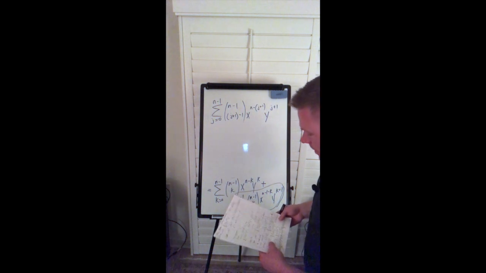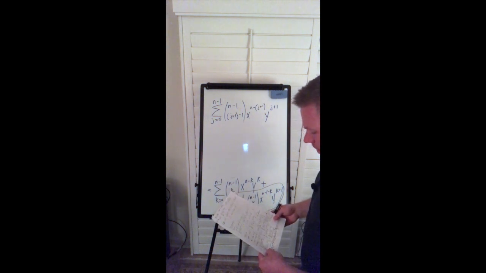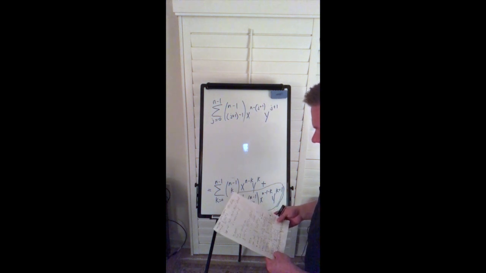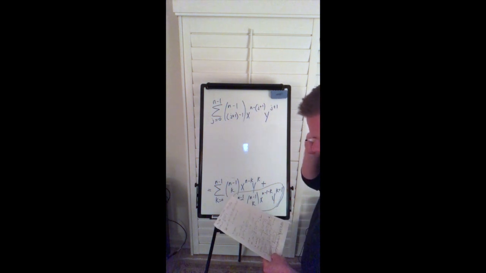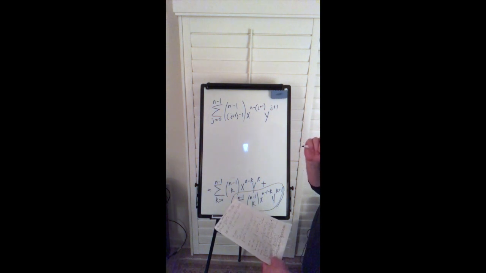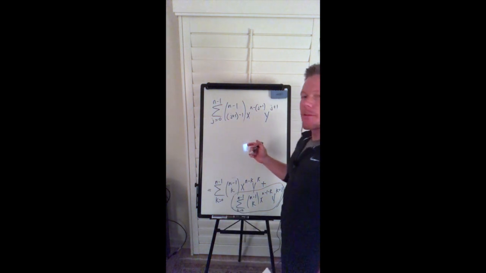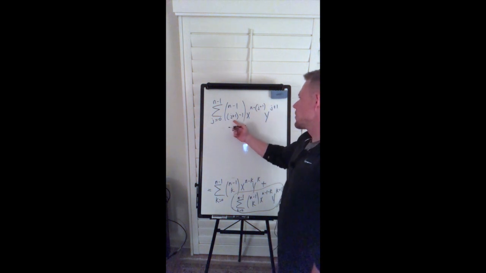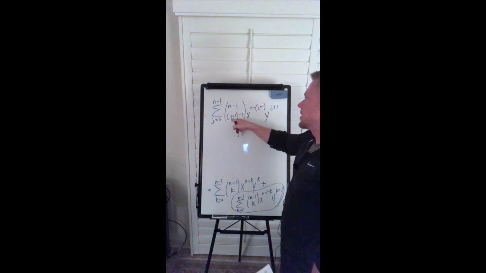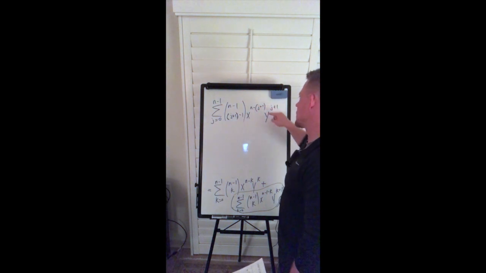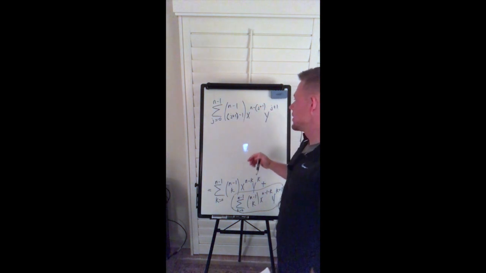Okay, so now that we've got that, we're going to rewrite that in one other way. The reason I used the j was, think about it, if you put a 0 in, you're essentially starting that parenthesis with a 1.